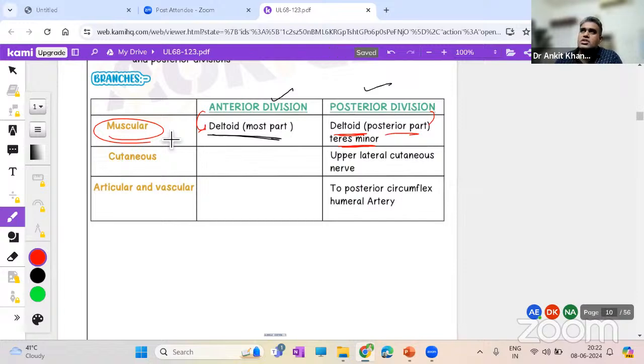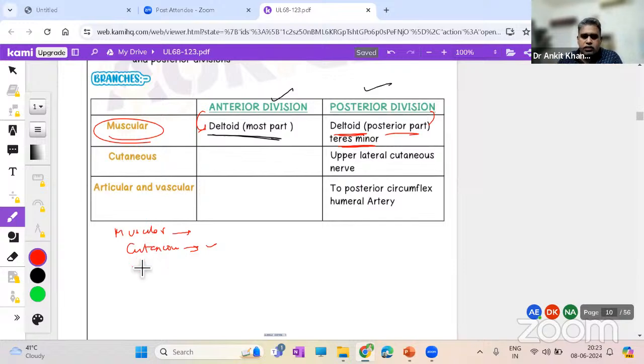Whenever a question comes about a nerve and you are figuring out what the branches are, not just in theory but even in the Bible, say like this: the nerve has muscular branches. Obviously, a nerve will be supplying some muscles. Then think, it also has some cutaneous branches, because the nerves which supply are mixed nerves. They are sensory, motor, and also sympathetic.